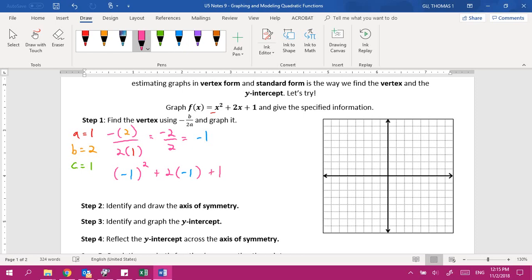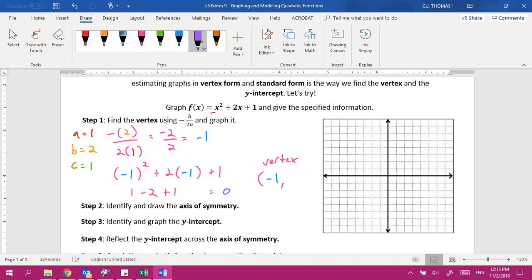What is negative 1 squared? 1. What is 2 times negative 1? Negative 2, so minus 2, and then plus 1. What is 1 minus 2 plus 1? 0. So the y value is 0. What is your vertex then? Negative 1, 0.